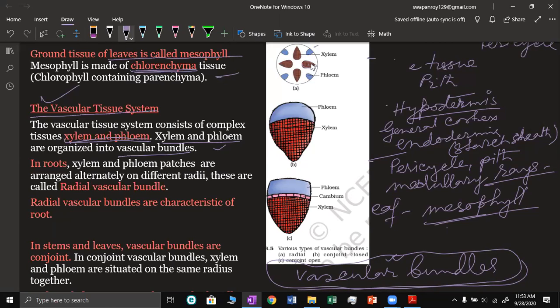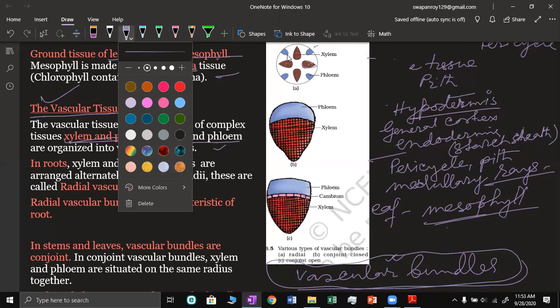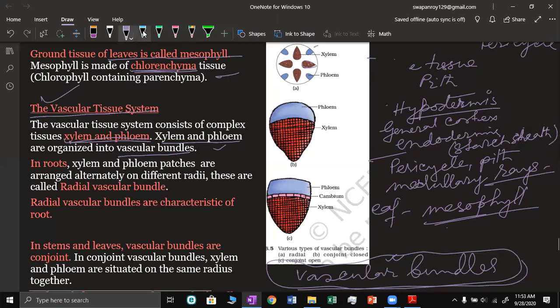See here, this one is xylem, this is phloem, xylem, phloem, xylem, phloem. On this radius it is phloem, and on this radius it is xylem.